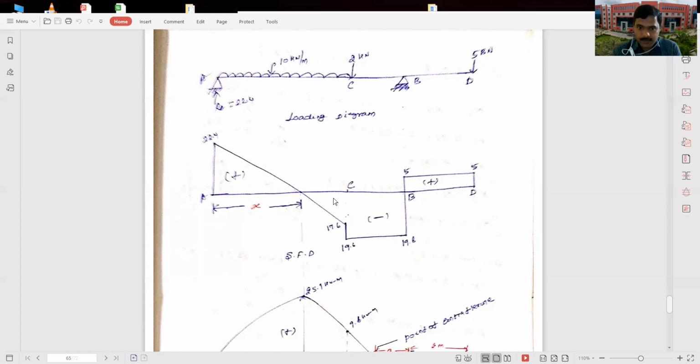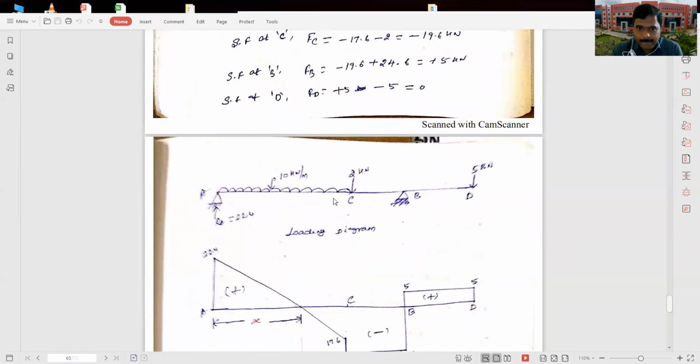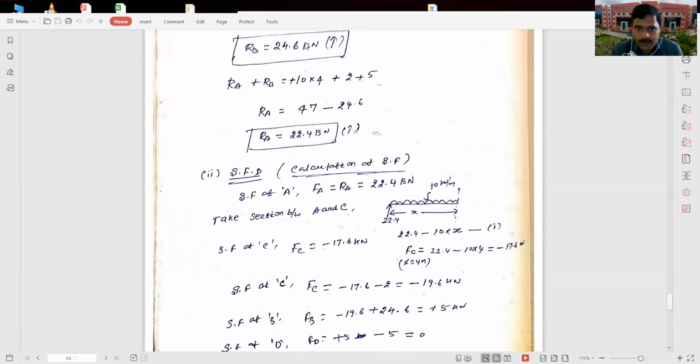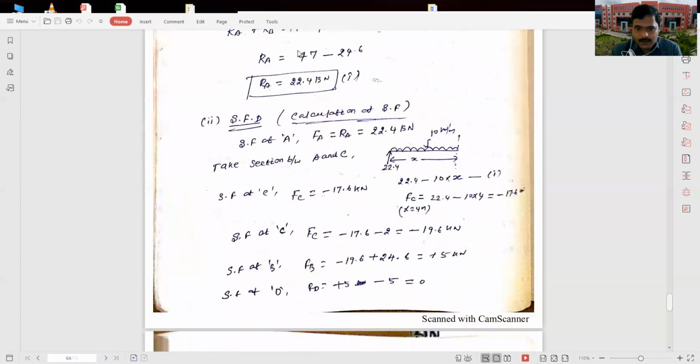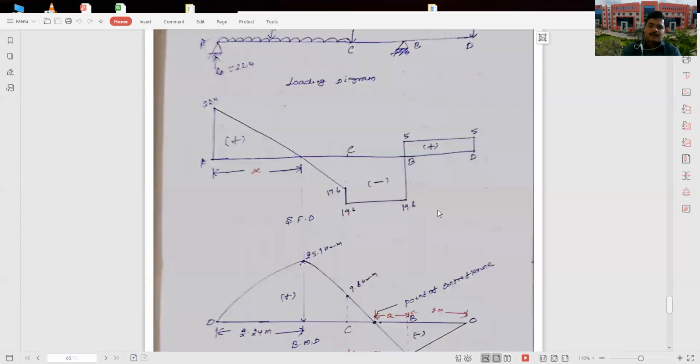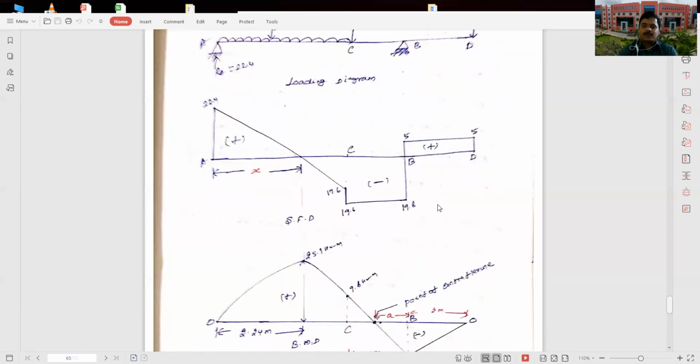RB value is 24.6, but here the negative value is minus 19.6. Therefore, plus 24.6 minus 19.6. How much? Plus 5 kilonewton. Therefore, from minus 19.6, it will go up to plus 5 kilonewton.